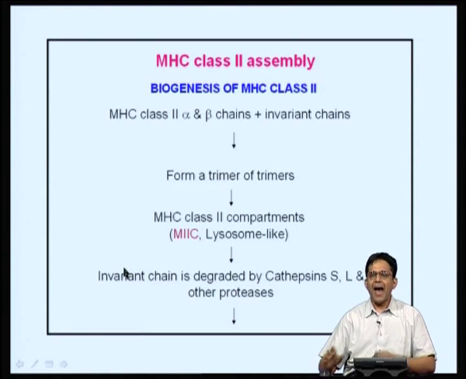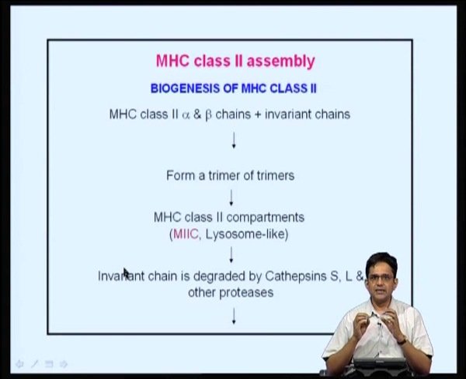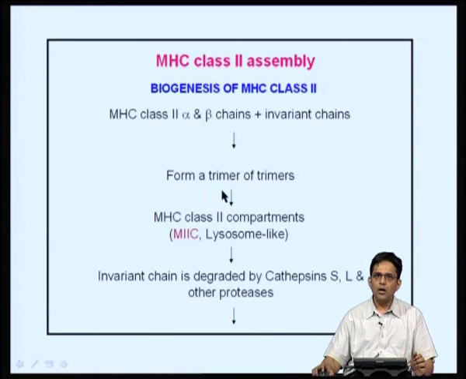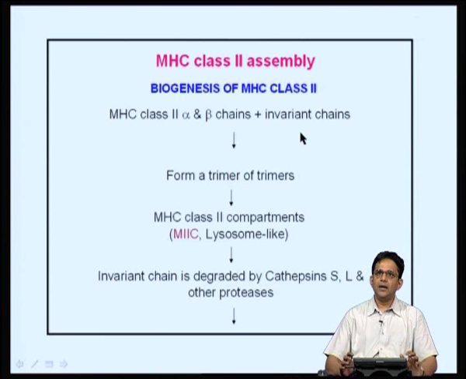Now, as MHC class 2 is synthesized, the alpha and beta chains come together and associate with a particular protein molecule known as invariant chain. Now, why is it called invariant? Because people in the MHC field are so used to polymorphic and polygenic proteins.